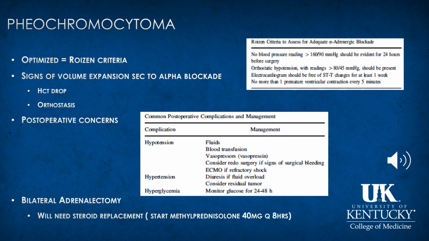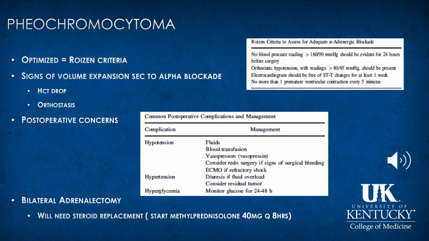So how do you know if a patient with pheochromocytoma is optimized to undergo surgical resection? The so-called Roizen criteria, which were published in 1983. As listed here: no blood pressure reading greater than 160 over 90 millimeters of mercury within the last 24 hours.